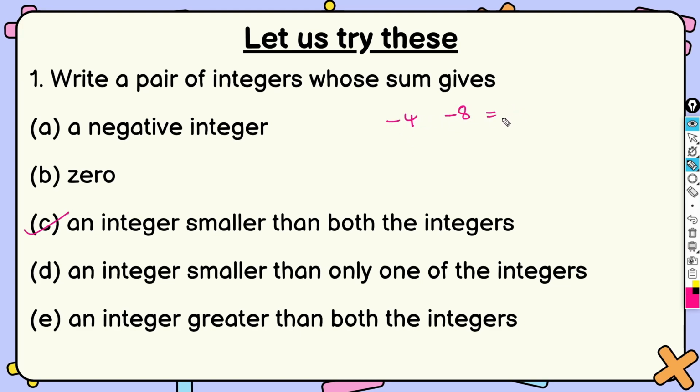If you add them, we get minus 12. This minus 12 is smaller than minus 4 and minus 8. Similarly, minus 6 and minus 12: the answer is minus 18. So, for two negative numbers, the sum will be a negative number which is smaller than the numbers which we add.